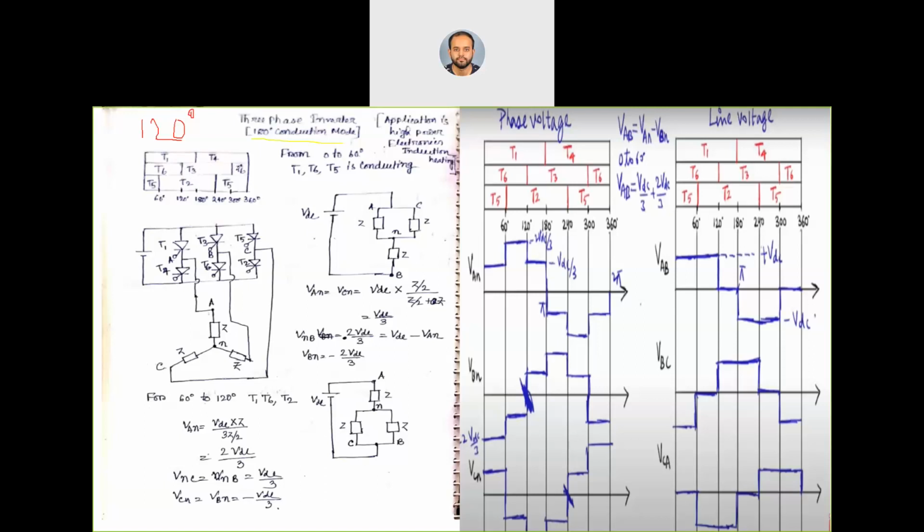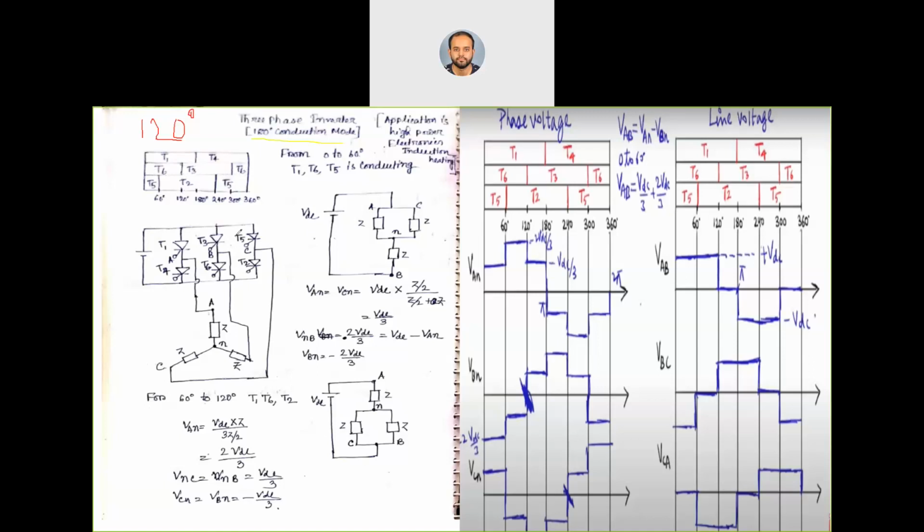After 300, T6 will start to conduct. It conducts from 300 to 360, that is 60 degrees, and then from 0 to 120 degrees, so the total conduction period of T6 is 180 degrees.